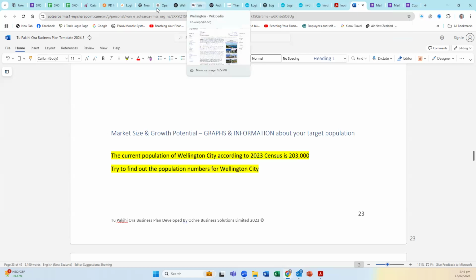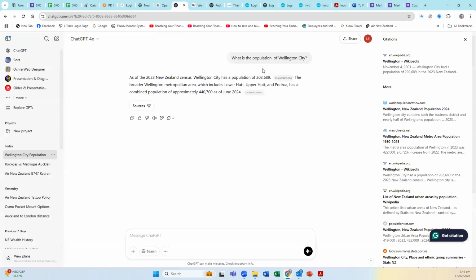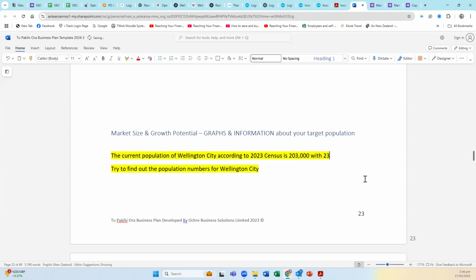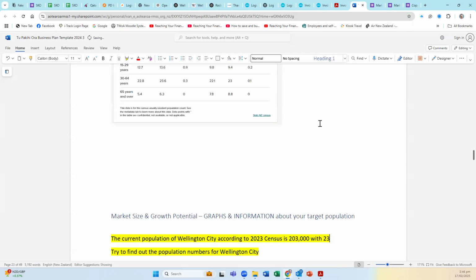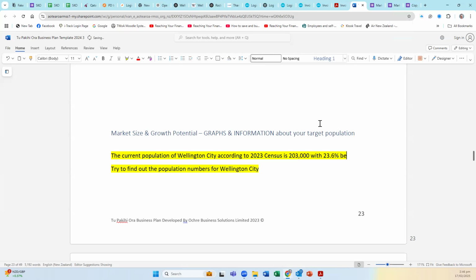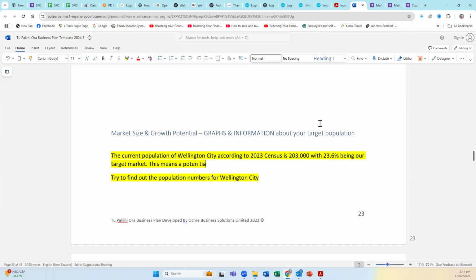Okay. So with 203,000 and 23.6% being our target market, we can say this means a potential market size of, let's do 23.6% of 203,000. Let me just get the Excel spreadsheet up to work that out for you.